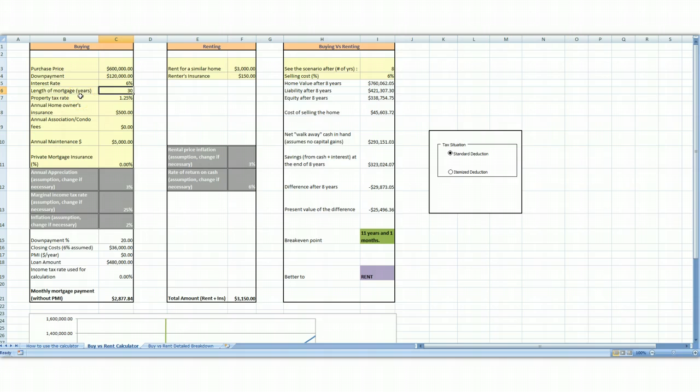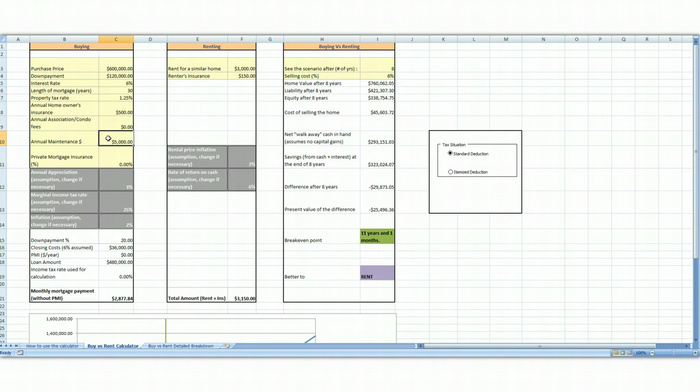I have put the standard 30-year mortgage. If you are going for a 15-year mortgage, change it here. And you can change the property tax rate, annual homeowners insurance, and if you are buying a condo and you are expected to pay the homeowners association fee, include that here. If not, you're buying just a single family townhouse or something, you can just leave the value as 0.